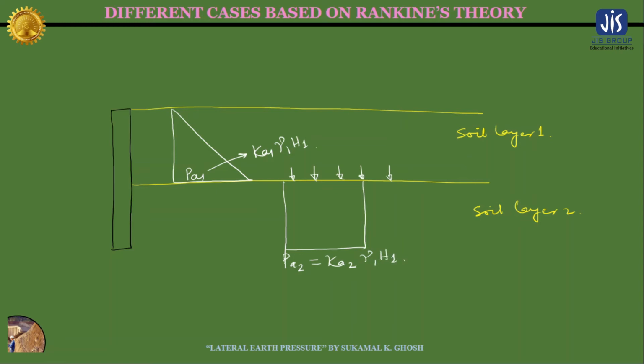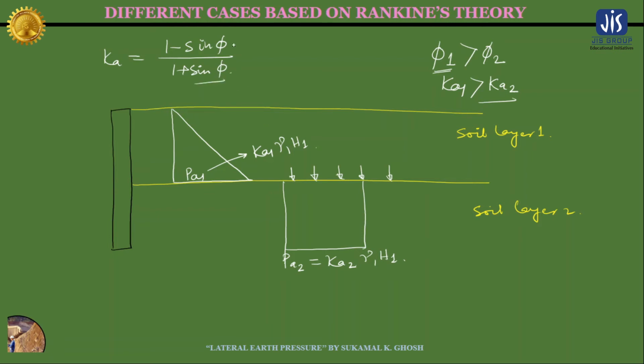Now if phi 1 is greater than phi 2, then Ka1 will be greater than Ka2, because in the very first lecture we discussed that the coefficient of active earth pressure and the coefficient of passive earth pressure depend upon the angle of shearing resistance or the angle of internal friction. So we know that Ka equals 1 minus sin phi divided by 1 plus sin phi.